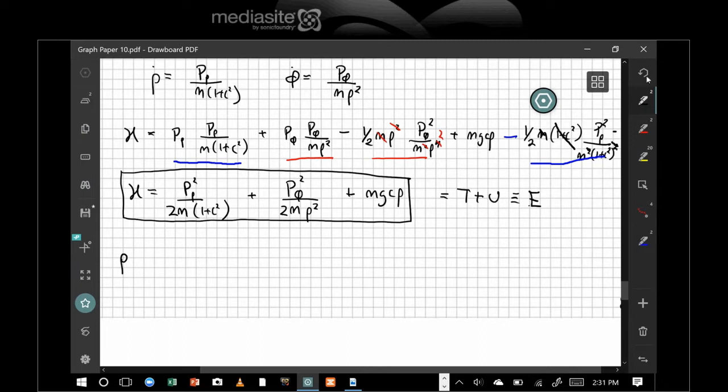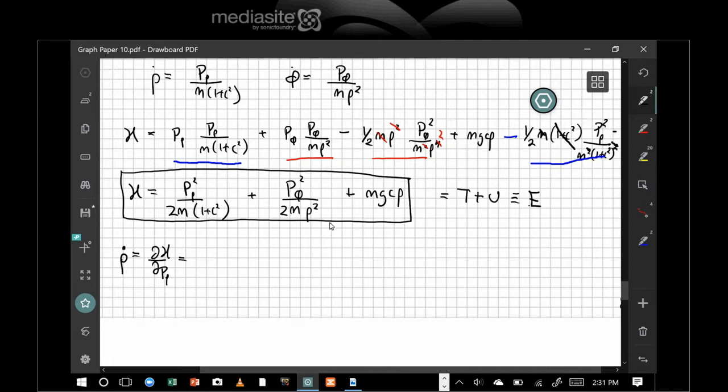Remember, for each generalized coordinate, I'm going to have two Hamilton equations of motion. However, this P sub phi is a constant. Okay, so that's going to again reduce the dimensionality of the problem. Let's show that. So I'm going to show here that rho dot is equal to partial H with respect to P sub rho.